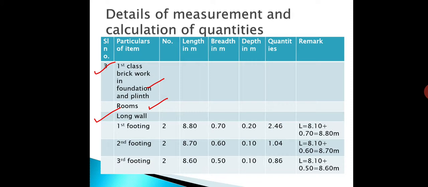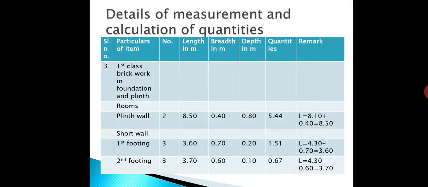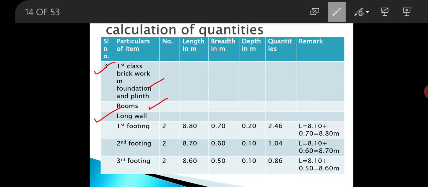So see, in the details of measurement form, first footing. In the remark column, write down the length of the first footing will be center to center length of long wall, that is 8.1. This is constant. With this we will add half of the width of the first footing on both sides.